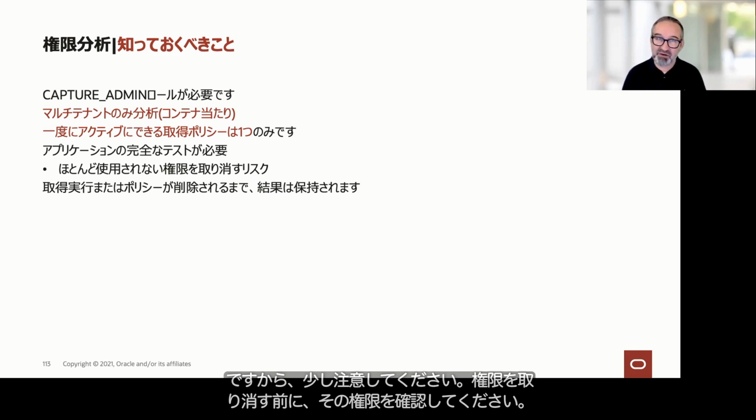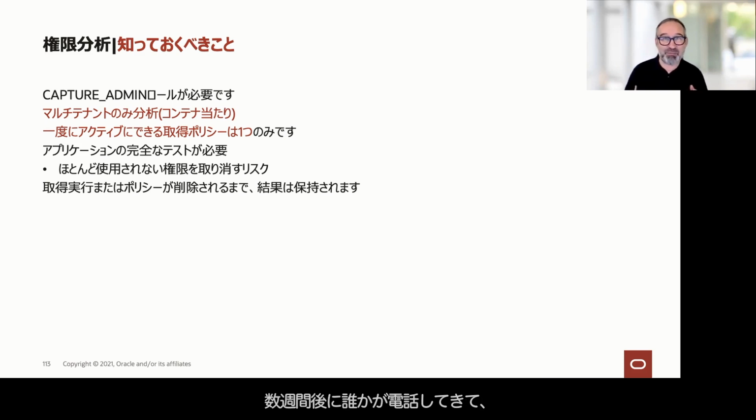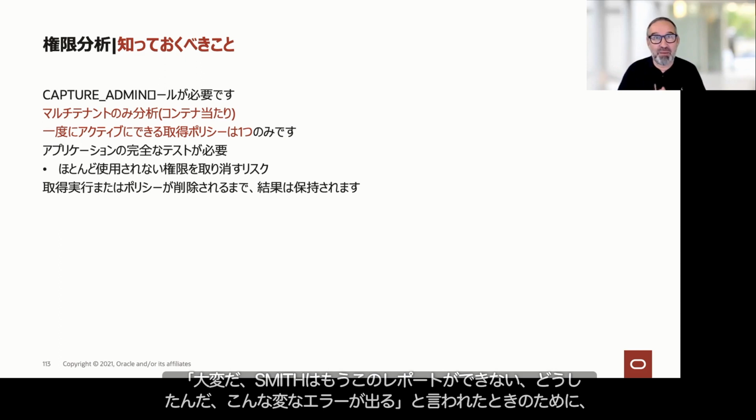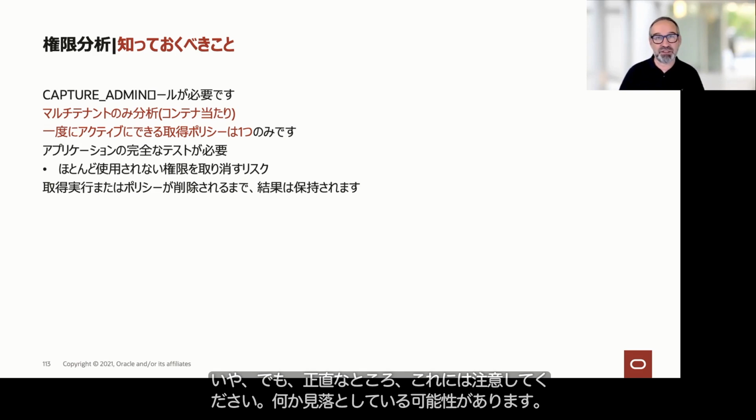So be a bit careful, check the privileges before you revoke them, and keep note on what you revoked. Just in case somebody calls you a few weeks later and says, oh my God, Smith can't do this report anymore. What's wrong here? We get these strange errors. Then you can figure out and say, oh, I secretly give them back. No, but honestly, just be careful with that. It just could be that you missed something.